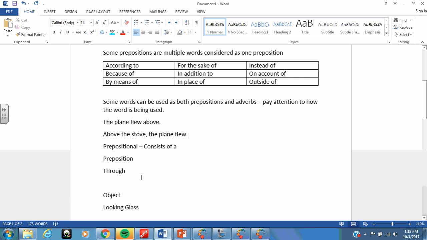And it could also have in it any kind of adjectives that modify the object.